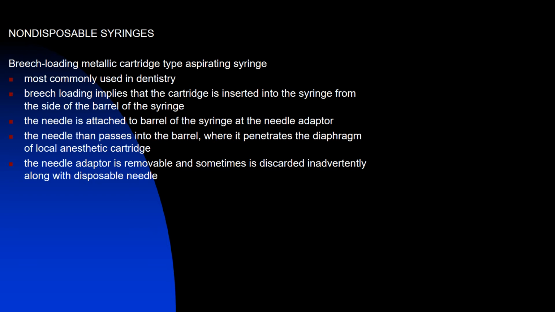Either we can use the cartridge in top loading or the side type. The needle is attached to the barrel of the syringe by the needle adapter. The needle then passes into the barrel where it penetrates the diaphragm of the local anesthetic cartridge. The needle adapter is removed, or sometimes inadvertently discarded along with the disposable needle.